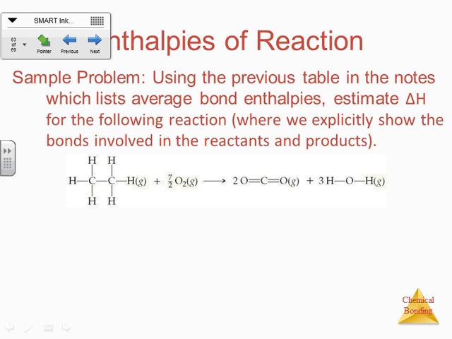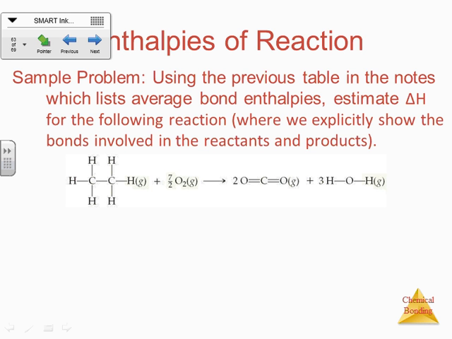Okay, so sample exercise 8.12 in the book, page 328. This is another way to figure out the delta H of a reaction. So remember, in the last chapter, there were a couple of ways to figure it out, right?